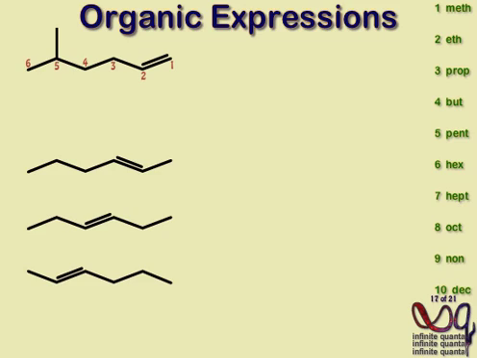Which would be on this side, on the right side. But when you have a double or triple bond, that takes precedence over branching. So now the end would be here. So this would be 1, 2, 3, 4, 5, 6. So this would be 5-methyl-1-hexene. So the 1 is for the double bond, ene is for double bond.